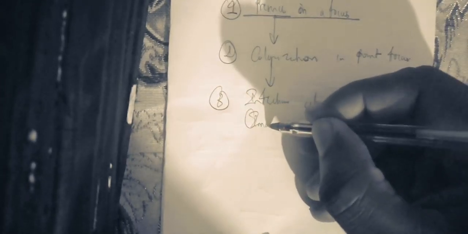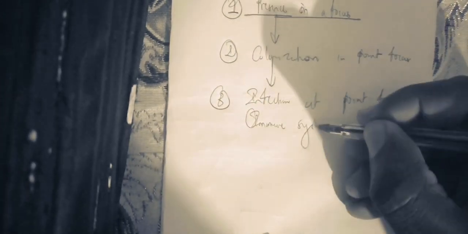Now, if the immune system cannot control the infection at the point of focus, that is when you're going to have a systemic spread of the infection.